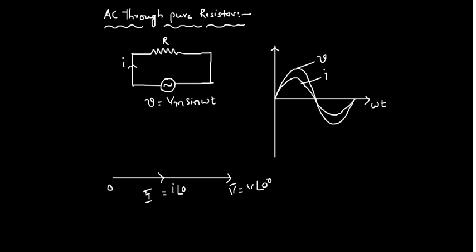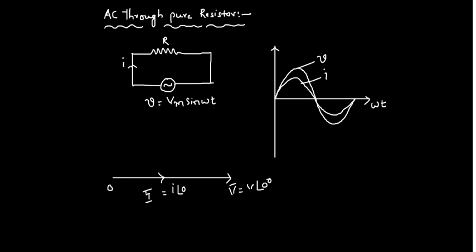If you observe the waveform here, there is no phase difference between voltage and current. In the phasor diagram also, both voltage and current are in phase with each other. That is, whenever an alternating current passes through a pure resistor, the voltage and current are in phase.